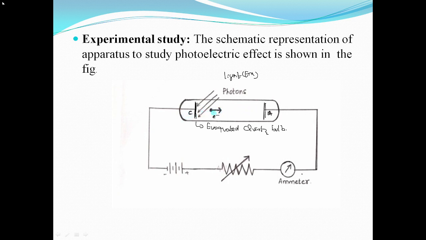How do we know that the emitted ones are electrons? This can be known by the ammeter. If the ammeter shows a deflection, then the flow is due to electrons. So this is the experimental setup for the photoelectric effect.